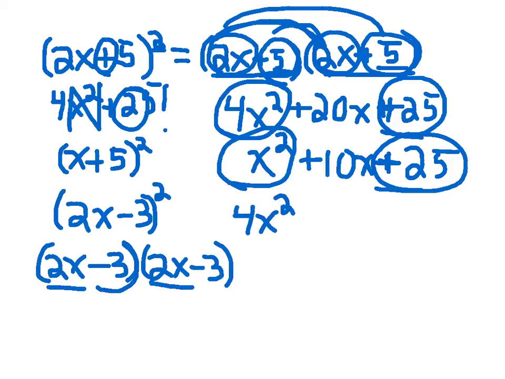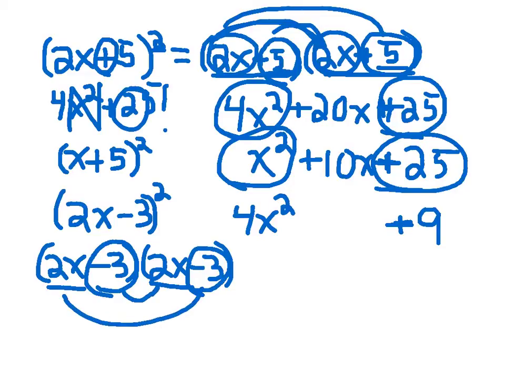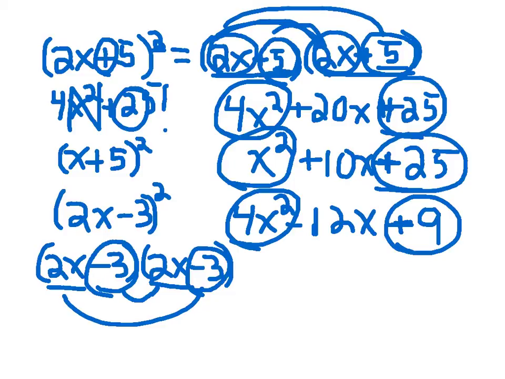And your lasts will always give you a perfect square as well, because 3 times 3 is 9. And if it's a negative times a negative, it's going to be positive. So this sign is always going to be positive. The middle is going to be what you get when you combine the O and the I of FOIL. Negative 6x plus negative 6x is negative 12x. So you'll see, once again, this term is a perfect square, and this term is a perfect square.